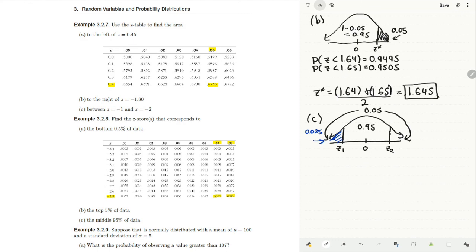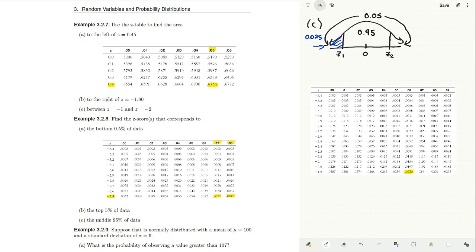And then the area to the left of z2 is going to be 0.025 plus 0.95, which gives us 0.975. And so what we want to do is look for the areas which are closest to 0.025 and 0.975.